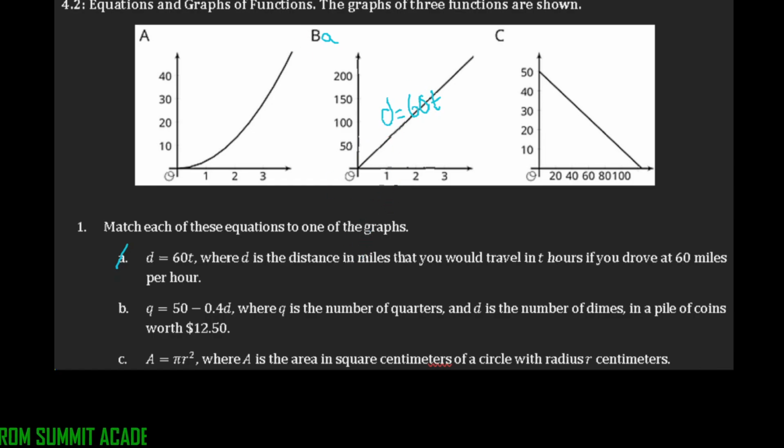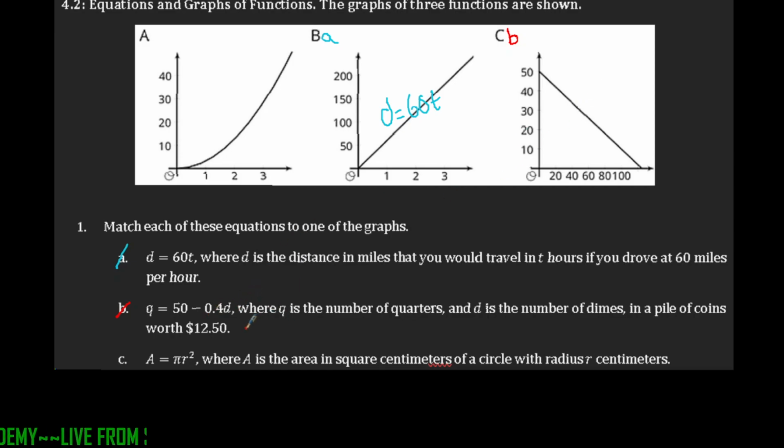For the next one, it says q equals 50 minus 0.4 times d, where q is the number of quarters and d is the number of dimes in a pile of coins worth $12.50. So we could say that one goes with graph C. And we know that because, what do you notice? Well, this one has a negative slope.